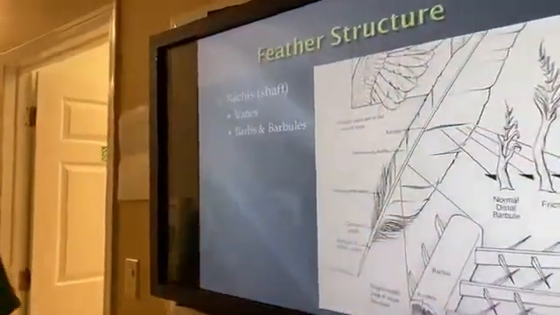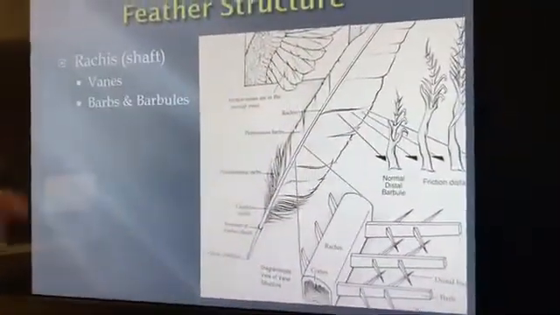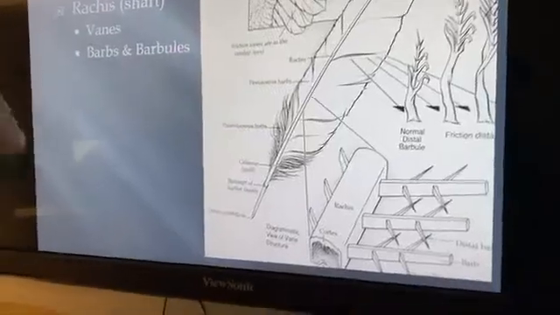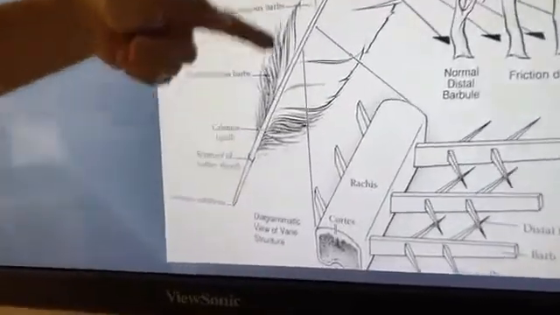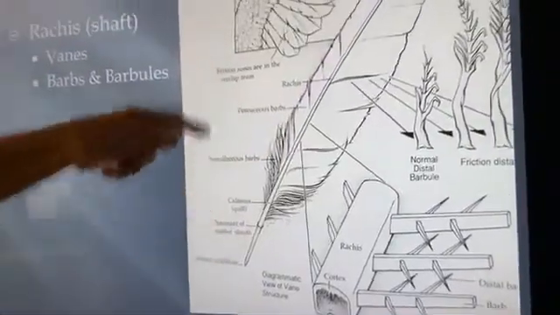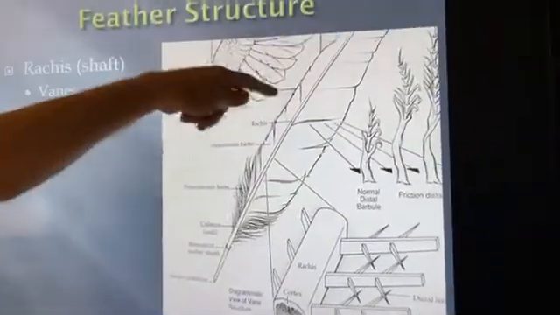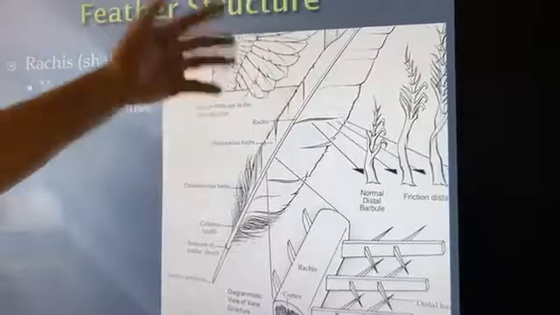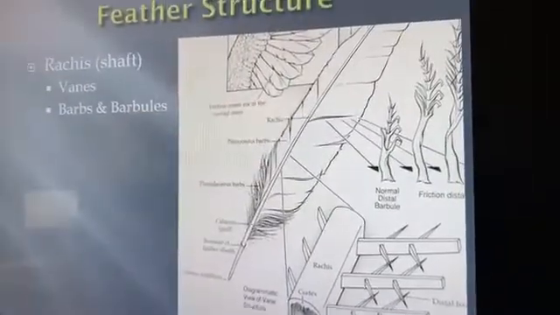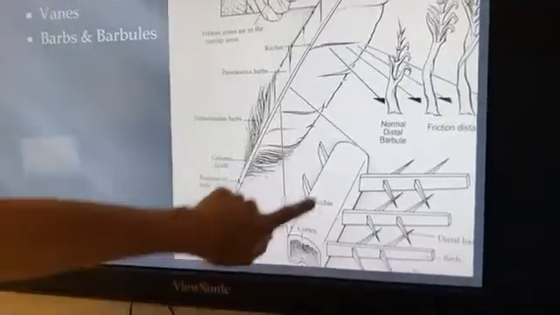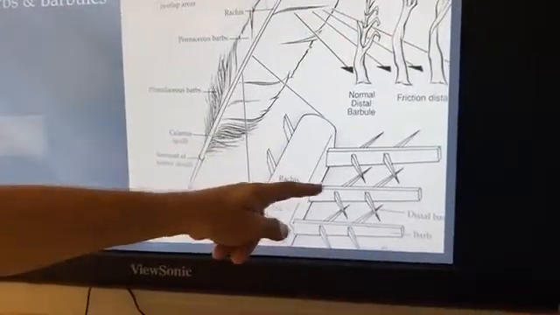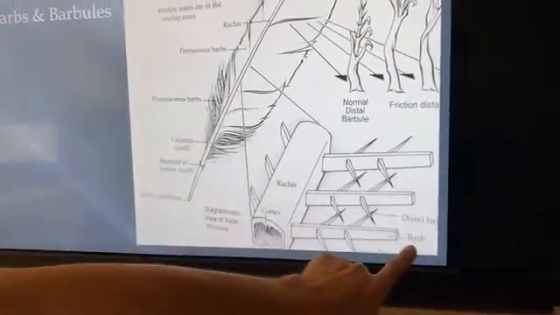So how is a feather built? What is a feather? For the average feather, again there's lots of variation, we'll see variations of that, but the average feather has a central shaft called a rachis. It has two portions, two flaps you could say, on each side. They're called vanes. And everybody's heard of this. If you look at this close-up, here's the shaft. Here are these vanes, which are made up of barbs.